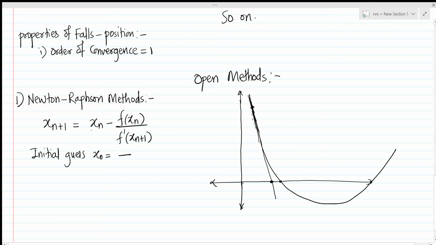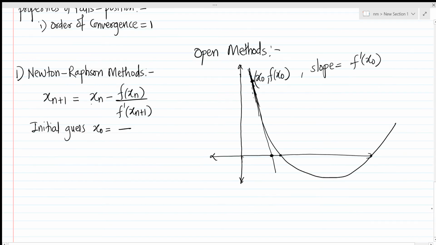We consider this point x0, f of x0, with slope equal to f dash of x0, and this is our update for the root, x1.